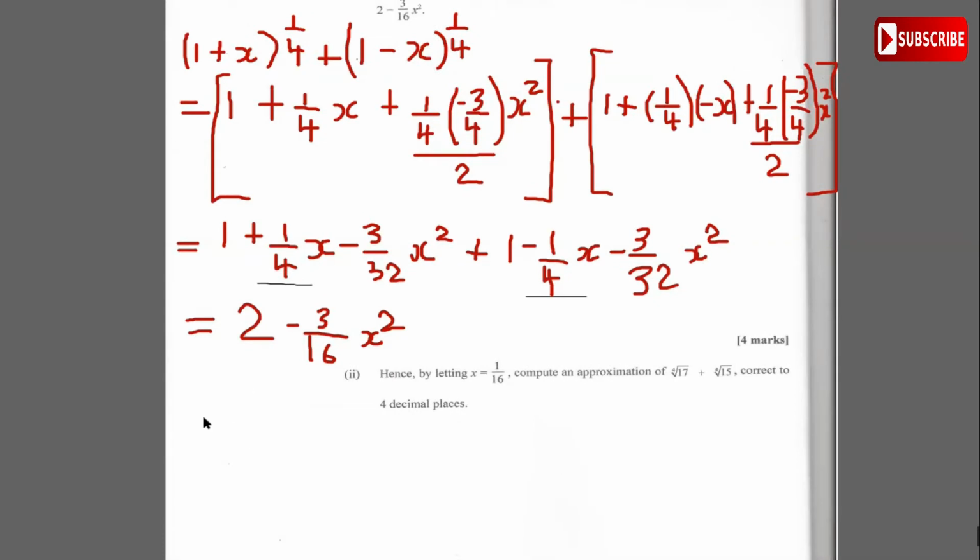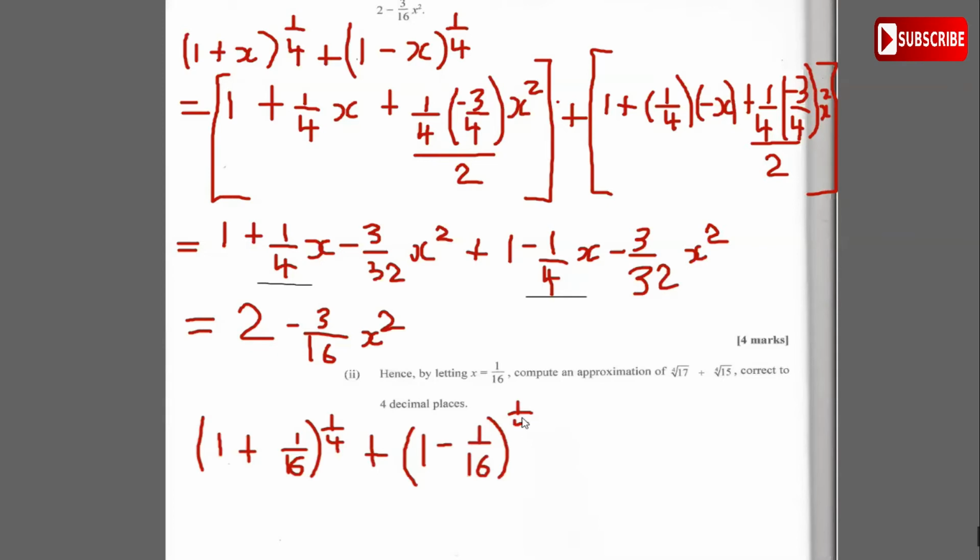So it's going to be 1 plus 1 over 16 to the 1 over 4 plus 1 minus 1 over 16 to the 1 over 4.